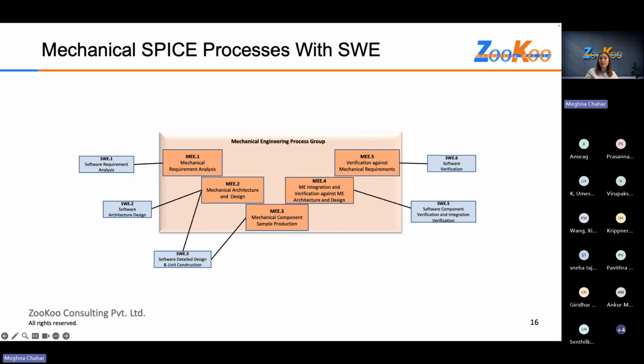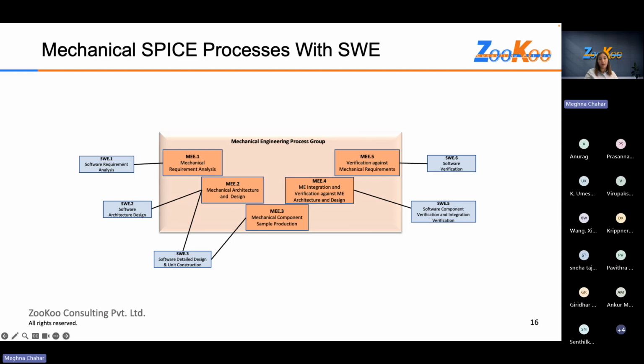This is exactly the idea. We get the component from MEE2, based on it we come up with the production, and then that is verified in MEE4.